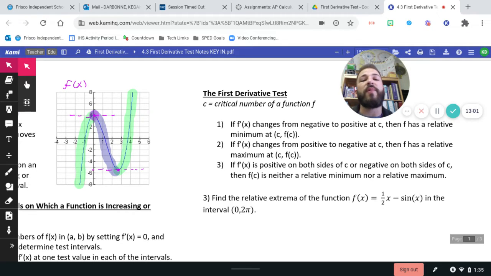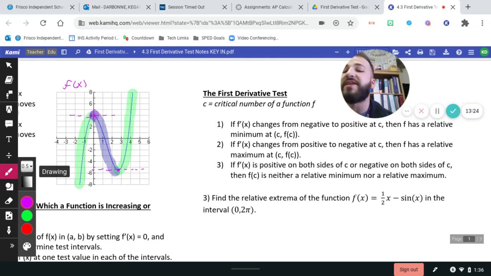Okay, so that's why we know that to be true. Vice versa, if f prime changes from positive to negative, then that means we're going from increasing to decreasing on f. So when we go from increasing to decreasing, we're going up, and then we have to turn back around and head back down. So that's how we get that relative max being formed. And then, of course, if I don't have any change, that's how I have that neither.